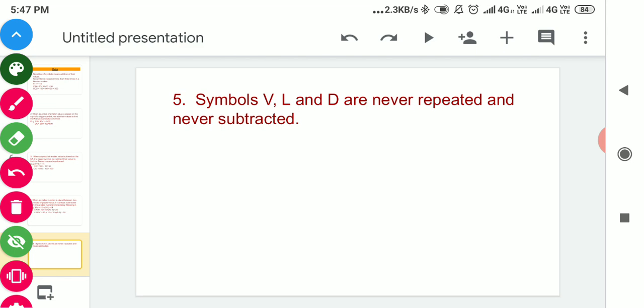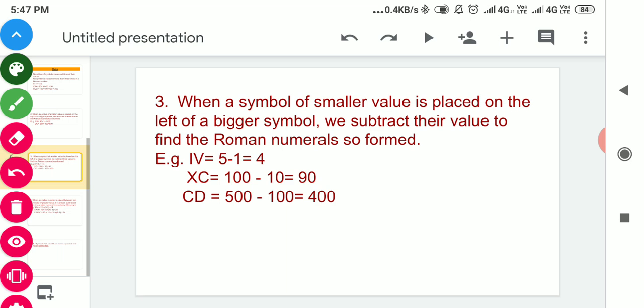Next one is V, L and D are never subtracted also. So let's see VX. According to rule number 3, when a symbol of a smaller value is placed on the left of a bigger symbol, we subtract their value.